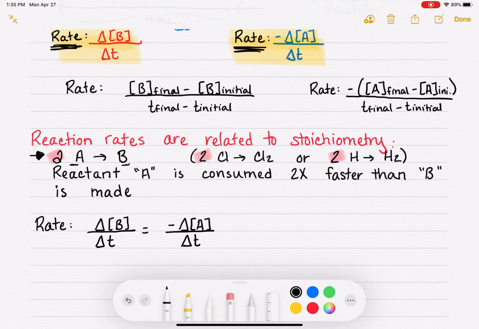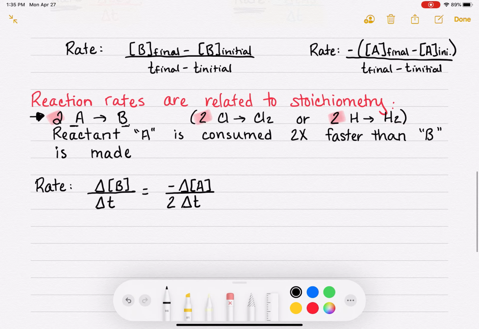So we're going to get a negative number, and we'll put a negative sign in the equation to get rid of our negative number. Now, if we want to factor in stoichiometry, acknowledging that A is being used twice as fast as B is being made, we're just going to put the stoichiometric coefficient on the denominator of this equation.